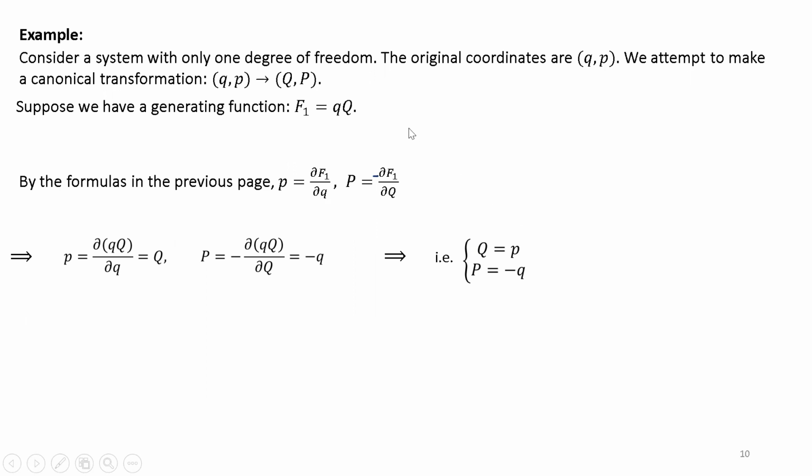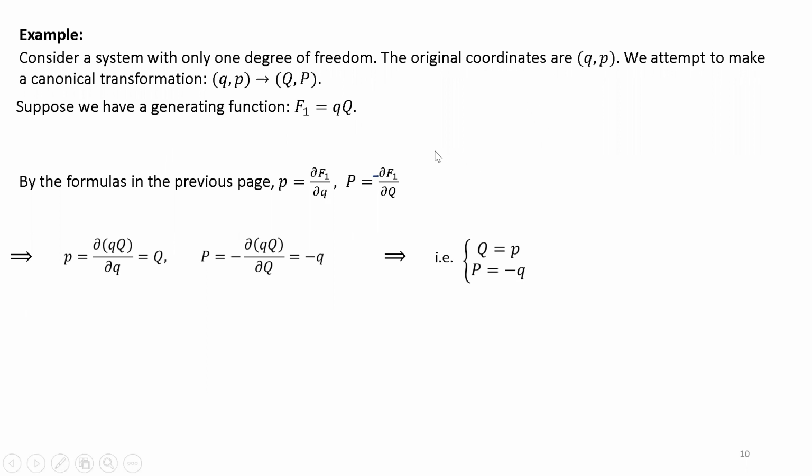I'm just illustrating how the canonical transformation can be achieved by taking a generating function. Whether the transformation is helpful or not is another question which we don't worry about at the moment.